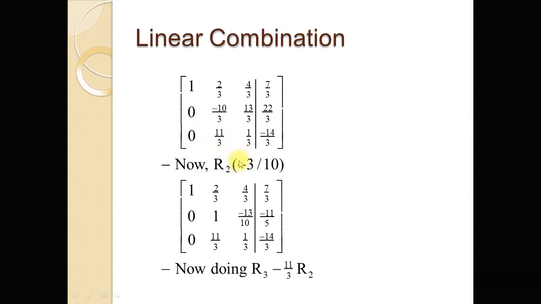Now multiplying the second row by minus 3 by 10, we obtain 1, 2 by 3, 4 by 3, 7 by 3, 0, 1, minus 13 by 10, minus 11 by 5.